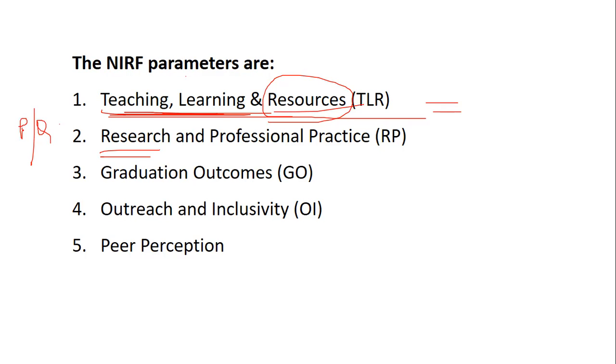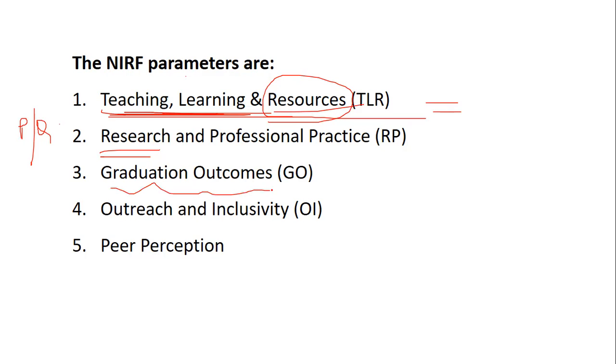Then next is the projects and the professional practice. So in research, they have emphasized not only publication but also quality publication, the patents, the intellectual property rights, and the footprints of projects and professional practices. This is included under research.